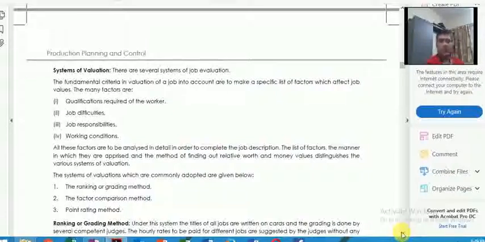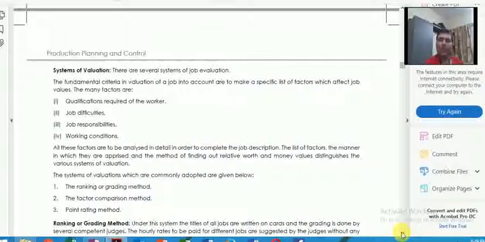by considering certain parameters, we have to see whether the work done by the employee is benefiting the organization, or in more simple terms, you can say it is nothing but the assessment of the employee.